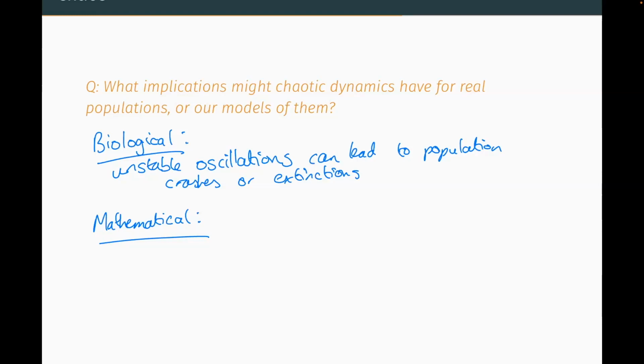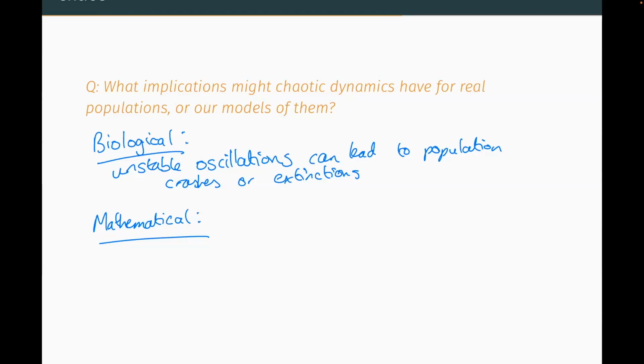If this was a population, we might be able to predict their population size over the next 5 months or 5 years or whatever, depending on things like their generation time and population size and so on. But just beyond that, we don't really have any idea. So these chaotic dynamics can make it very difficult for us to say what's going to happen in the long term, or 10 years from now, because these small perturbations get amplified over time.